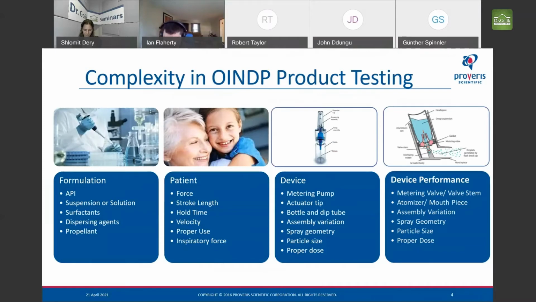All of those factors come together to ultimately become a successful combination drug product. We help our customers primarily in the patient and device realm, and also with screening different formulations to put all the pieces of the puzzle together.